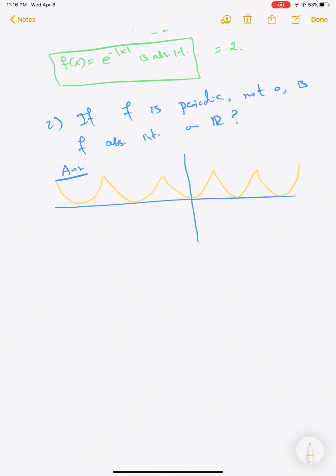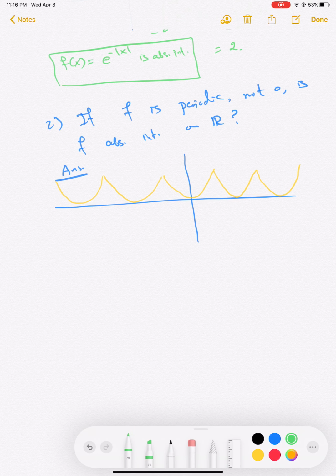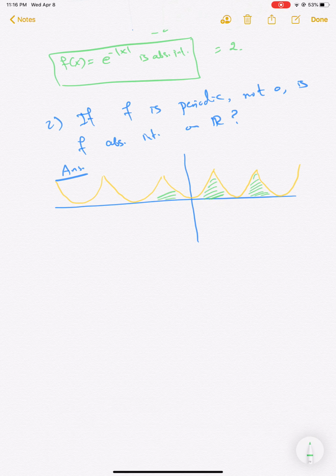Draw anything like x, then make it periodic, sine, cosine, anything. Think of anything that's periodic. Then ask yourself, what is the area between this periodic function and the x-axis? So just ask yourself this question.